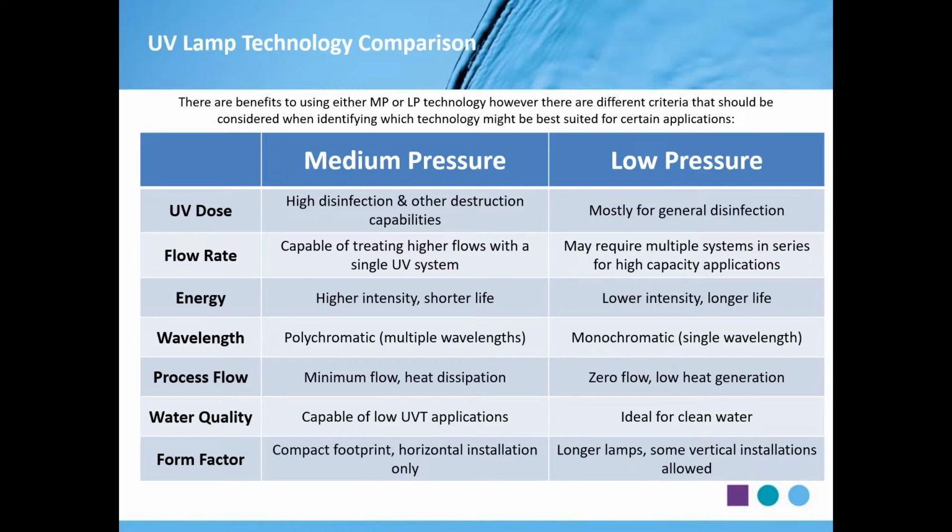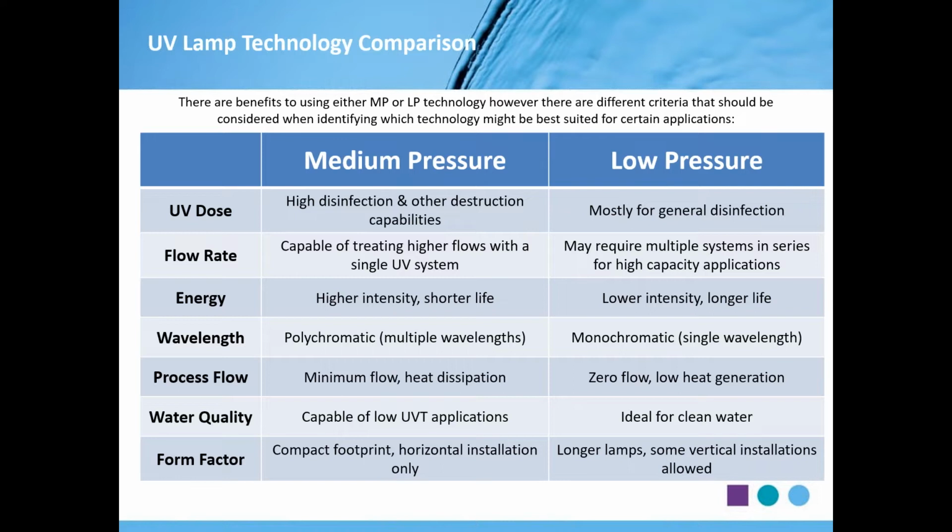Medium pressure, when we talk about the actual footprint, the form factor of a medium pressure system is going to be generally smaller than a low pressure unit. So you get a more compact footprint with a higher intensity light. With that higher intensity light also comes some of that energy transferred into heat.